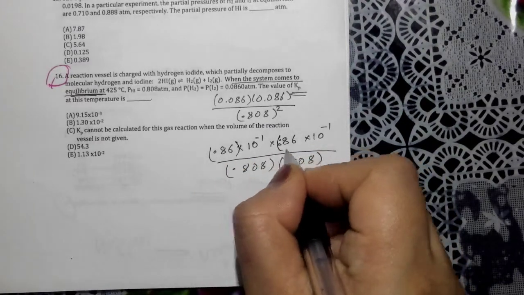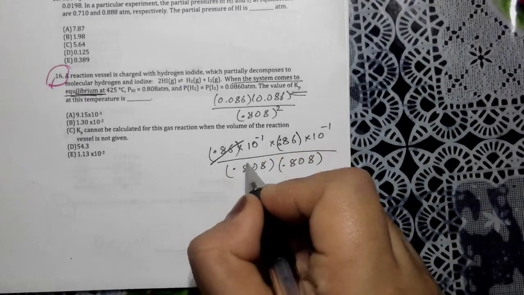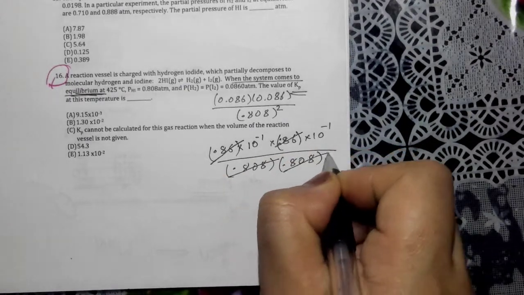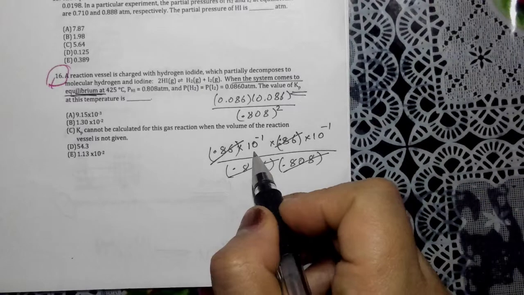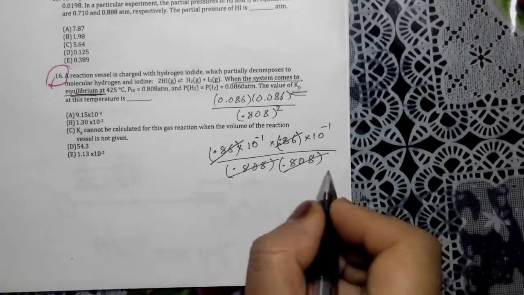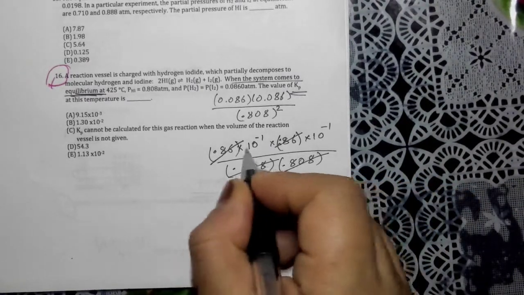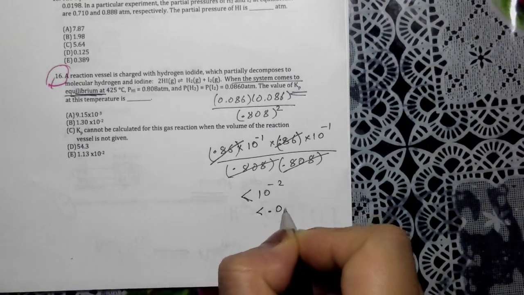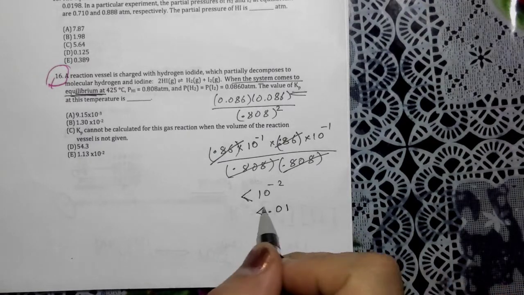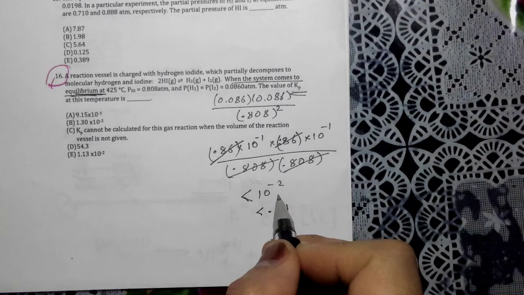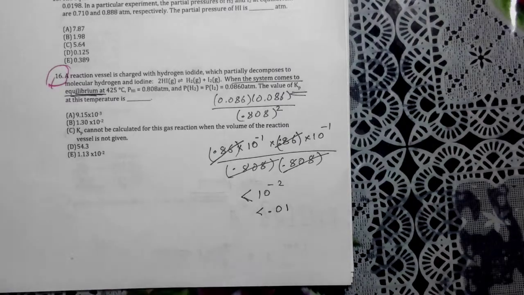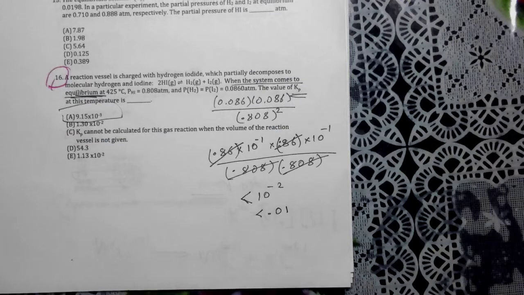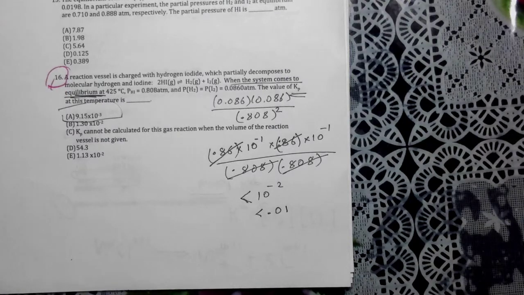Notice what I'm trying to do. I'm trying to approximate. I'm trying to say this is about this, this is about this. About, again, not exact. My bottom is a little bigger, so my answer is going to be less than what these multiply to, which is 10 to the negative 2. So less than 0.01, or less than 10 to the negative 2. So if you look, less than that, 10 to the negative 3. Almost 10 to the negative 2, but not really. That's my answer.